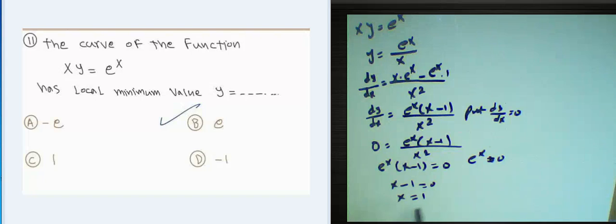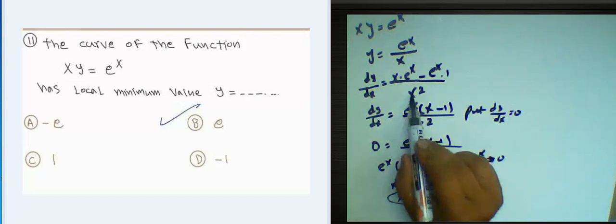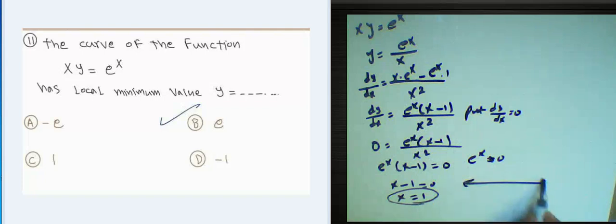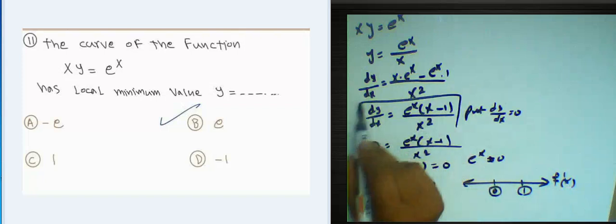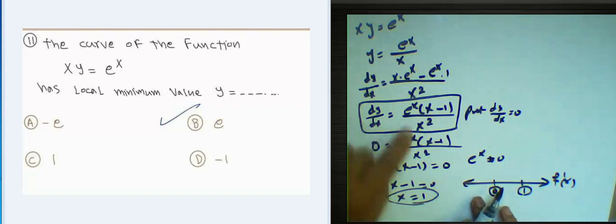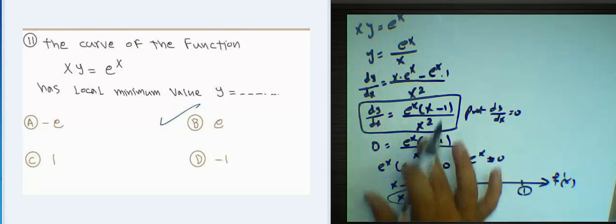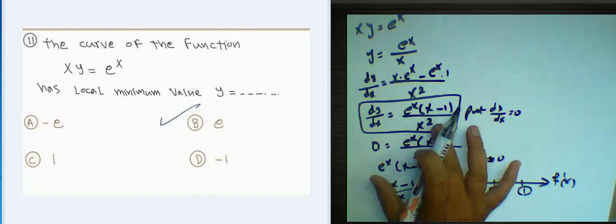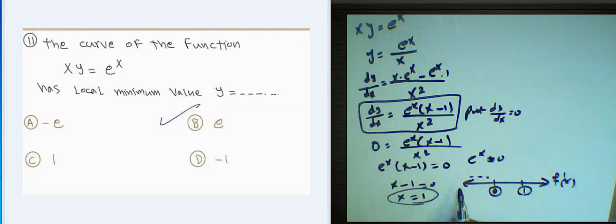And this function is undefined when x equals 0. Then we can draw the straight line to find the sign of f dash of x, because we want to find the local minimum value, about 0 and 1. Put any number less than 0, such as negative 1, it will be negative because the denominator is positive.